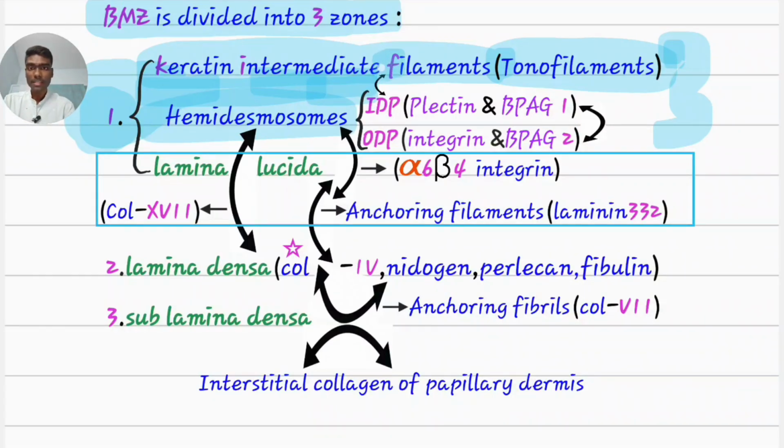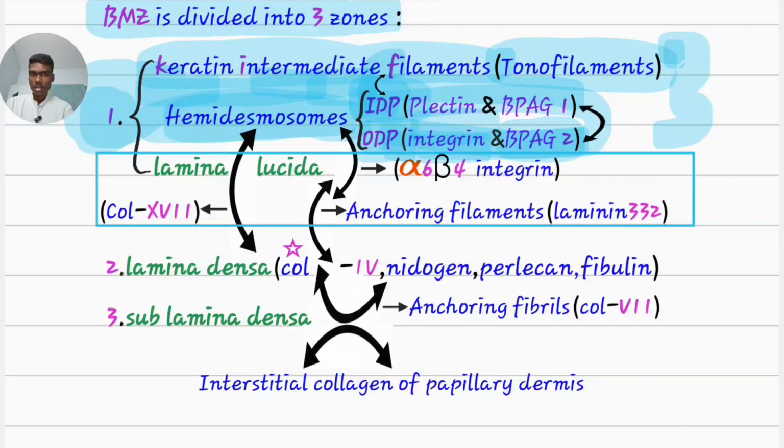Here, keratin intermediate filaments to inner dense plaque of hemidesmosomes, inner dense plaque to outer dense plaque of hemidesmosomes. Inner dense plaque contains two structures, plectin and BPAG1. Next to that is BPAG2 in the outer dense plaque. We are going from outside to inside, epidermis towards dermis.